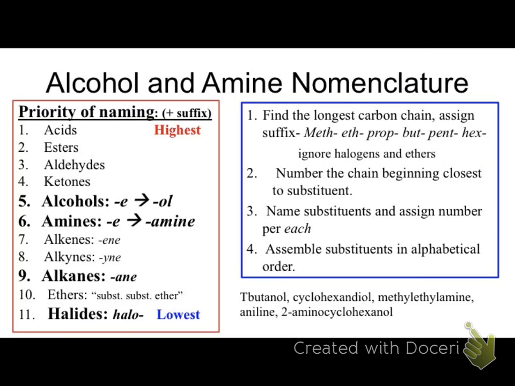We have a substituent on that propane. It's an alcohol. The alcohol takes higher priority. We remove the E and we change it to OL. So we now have a propanol. Where is the substituent? Where is our alcohol functional group? It's at position 2. We end up with 2-propanol.